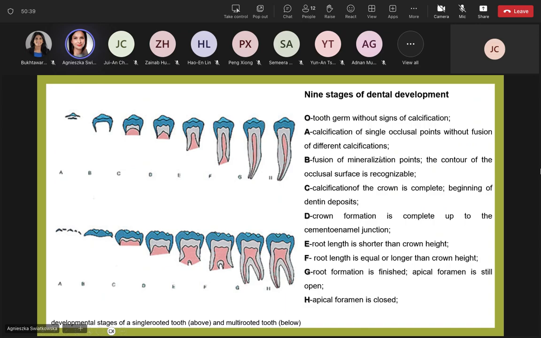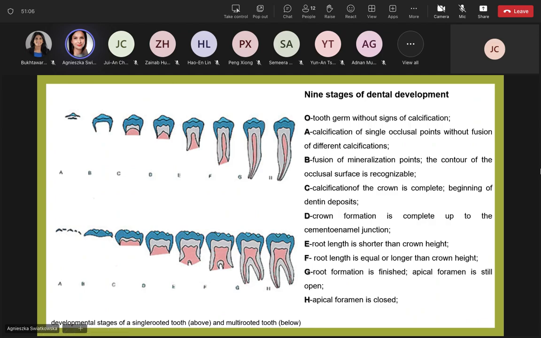C, fusion of mineralization, and the contour of the occlusal surface is recognizable. For us, very important is stage D, because we have full, complete formation of the crown up to the cemento-enamel junction. So remember that stage D, completely formed crown.